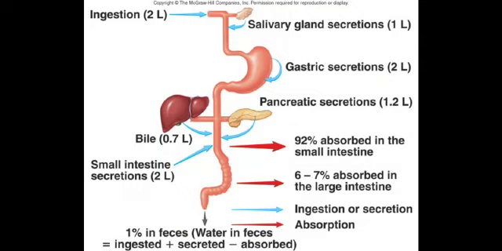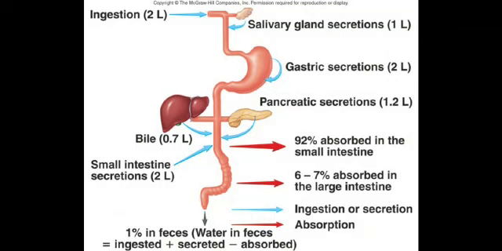The following are the secretions. The saliva, secreted by the salivary glands, is 1 liter. The gastric juice is around 2 liters. The pancreatic secretion from the pancreas, which is alkaline, is 1.2 liters, whereas the gastric juice is acidic in the presence of HCl. Bile, which helps in emulsification, is around 700 ml.